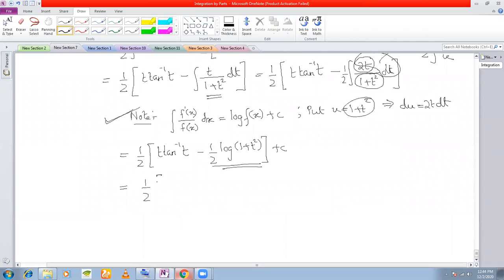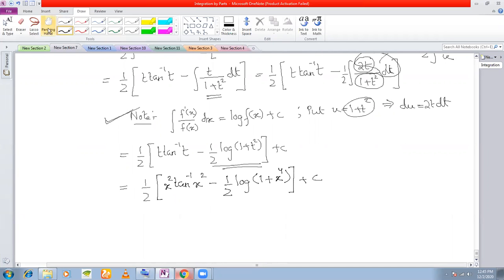So put it, x square tan inverse x square minus half log 1 plus t square. t square means t is x square, so this becomes x to the power of 4, plus c. That's it. Okay.